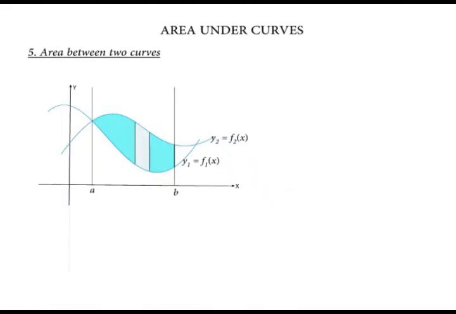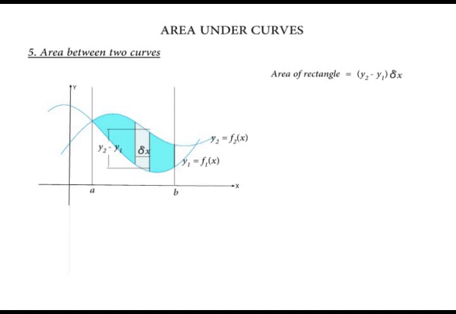Another way of deriving this formula is this. Each typical rectangle has width delta x and height y2 minus y1. So its area is given by (y2 minus y1) delta x.